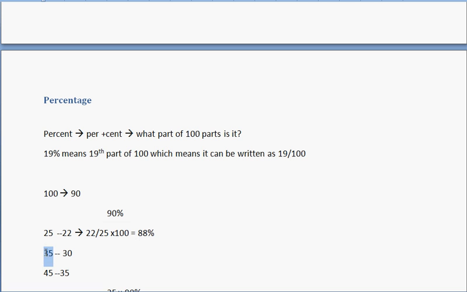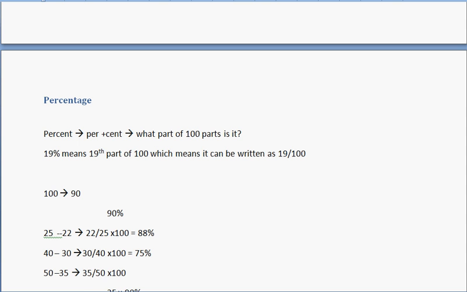So let's take it 40 to make calculations easy, and let's take it 50, right? So out of 40 he has got 30 marks, right? So 30 out of 40. Had it been 100, how many marks would there be? It would have been 75%. Now in this case he has got 35 out of 50.